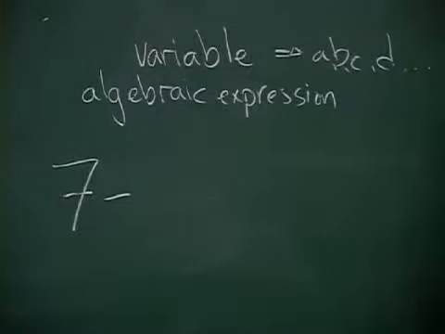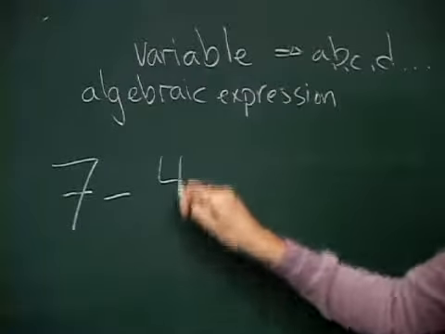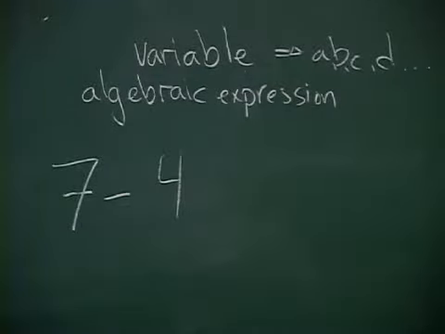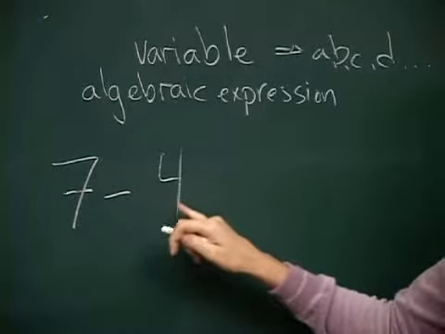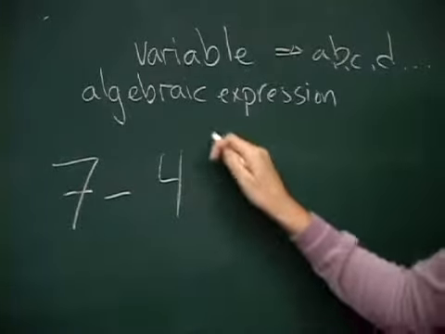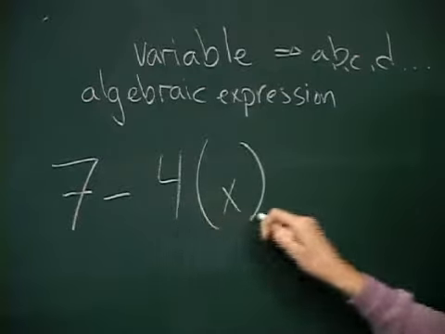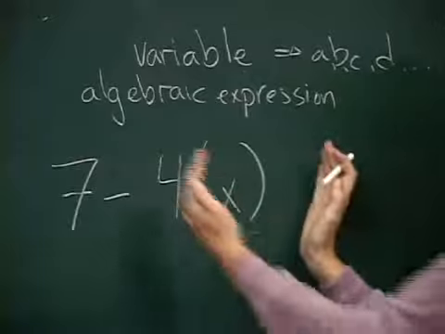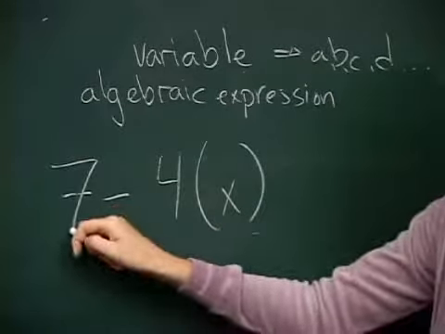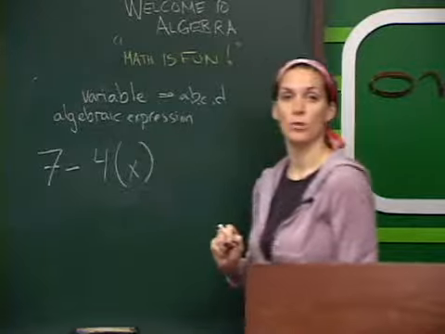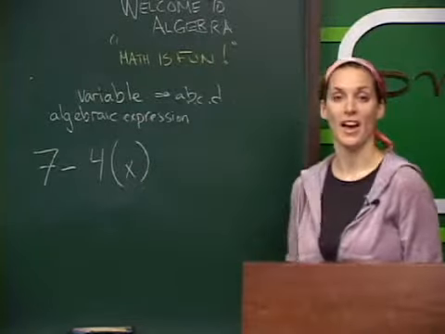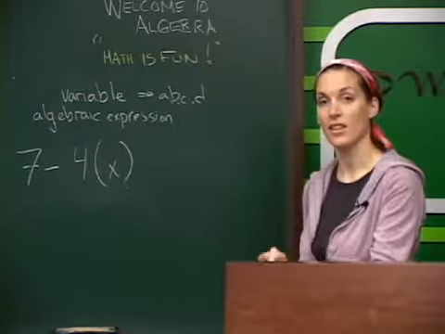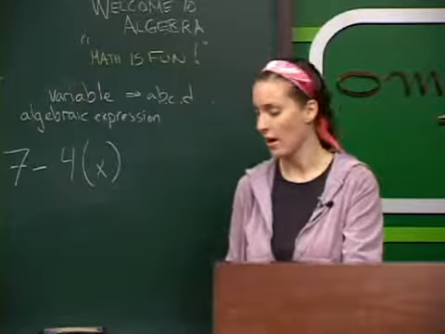So a product means it's multiplied, because that's what we said earlier. These are factors, and together it's a product. So you've got 7 take away 4 multiplied by a variable x. Also said as 7 less the product of 4 and a number x.